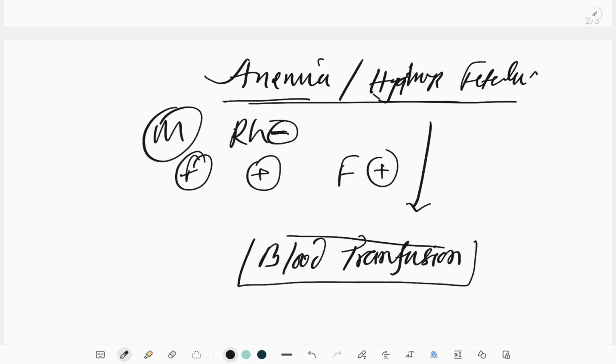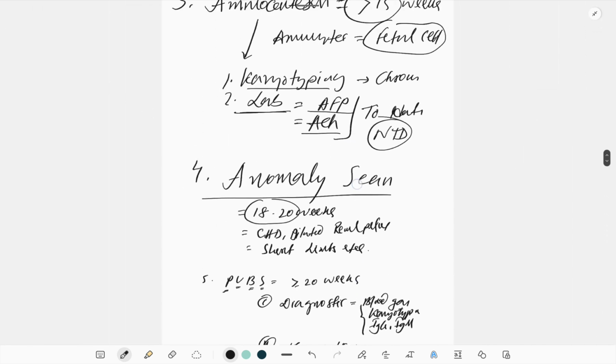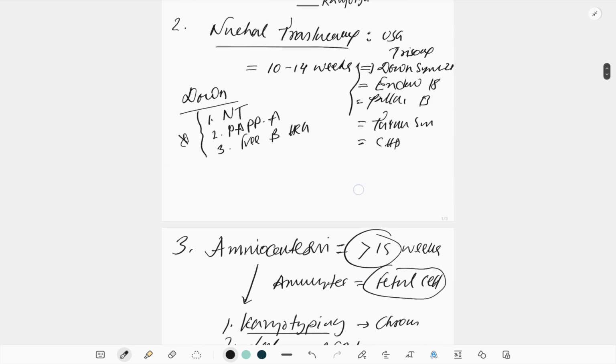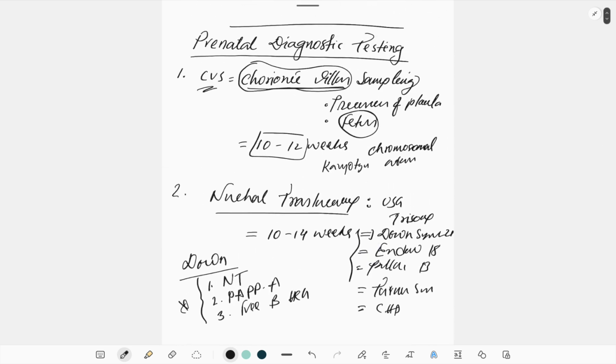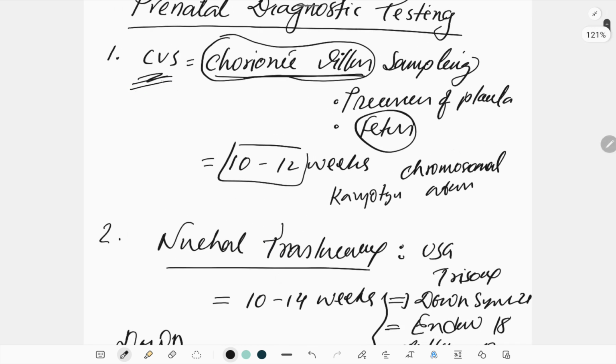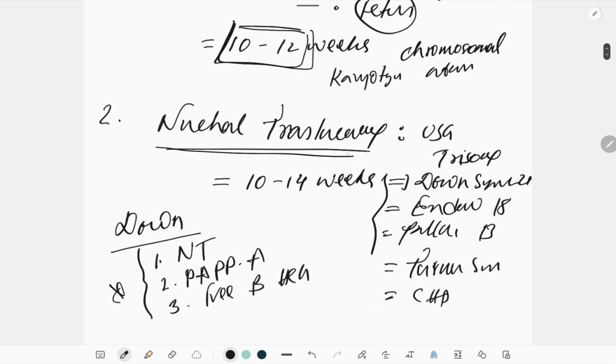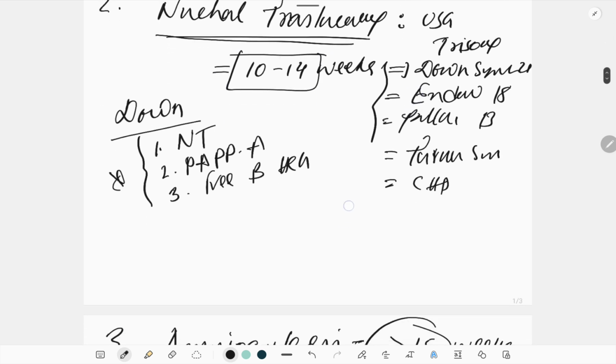So this is all about the prenatal testing modalities. I can recapitulate shortly. Number 1, CVS, that is chorionic villus sampling, around 10 to 12 weeks. Nuchal translucency, 10 to 14 weeks of gestation.